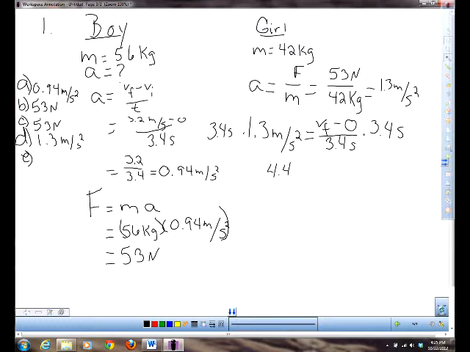One of the seconds cancels out, so it's meters per second, equal to VF minus 0, which is still just VF. So the final velocity over here is 4.4 meters per second. Okay, so that's the 5 answers for the first problem.